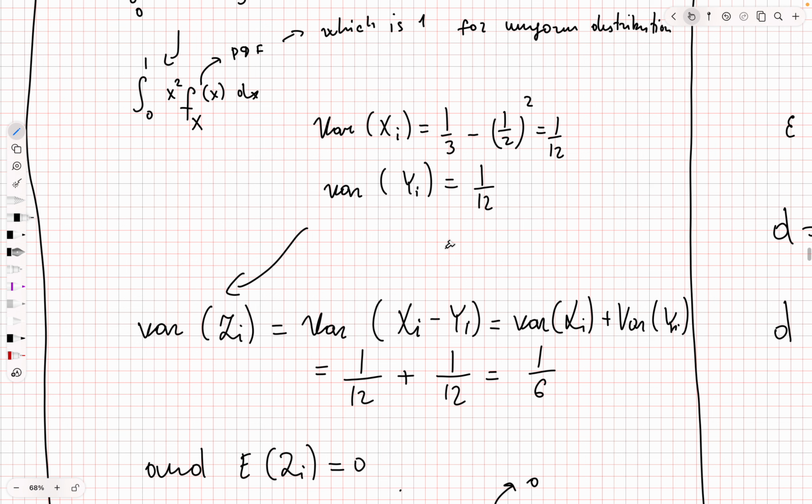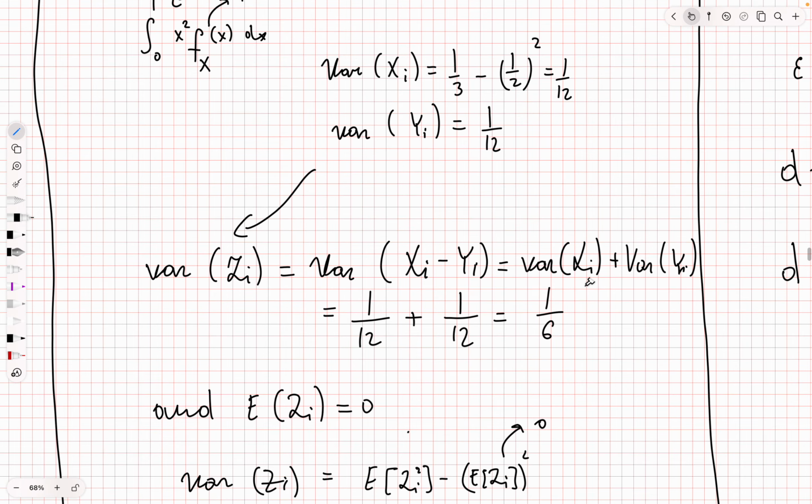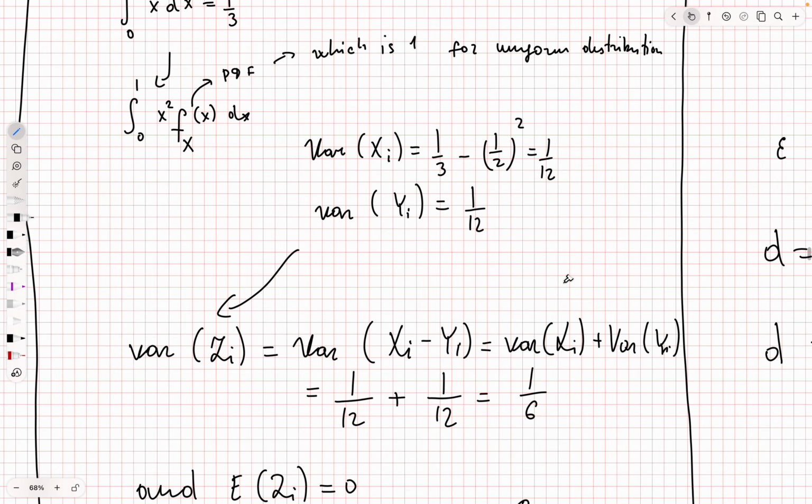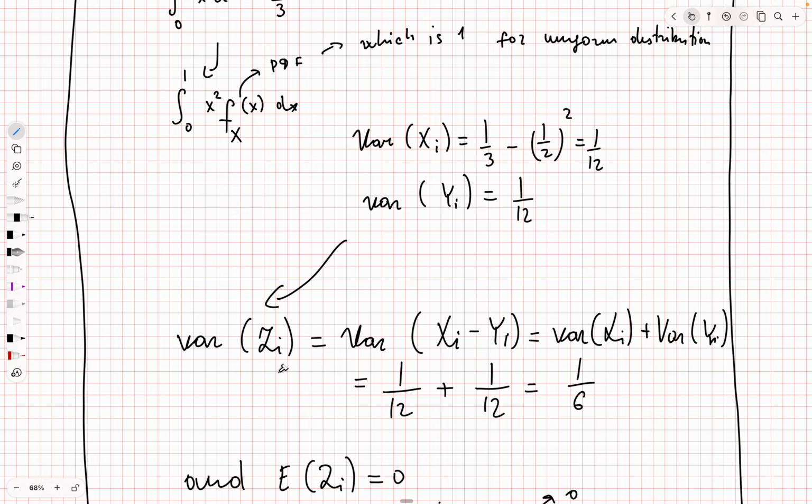And from statistics, we know that the variance of this is equal to the sum of the individual variances, variance of xi and variance of yi, because these variables are not dependent on each other, they are independent variables. And we get 1 over 6.